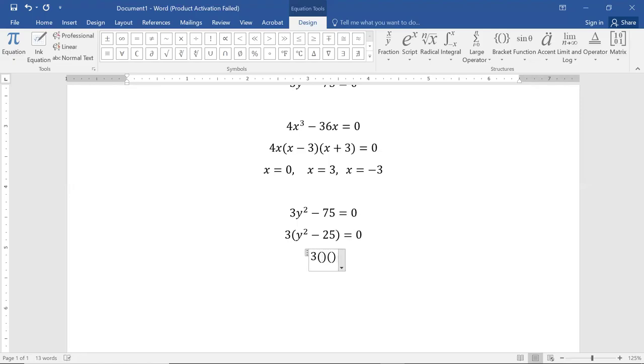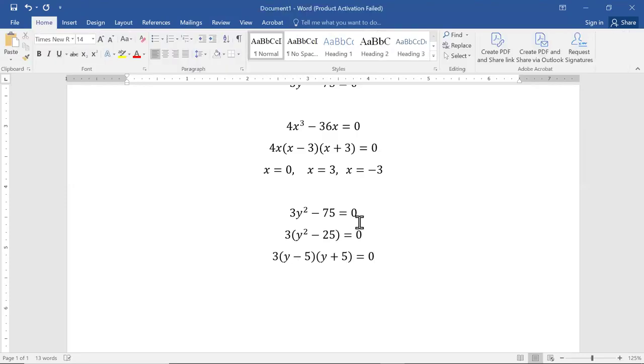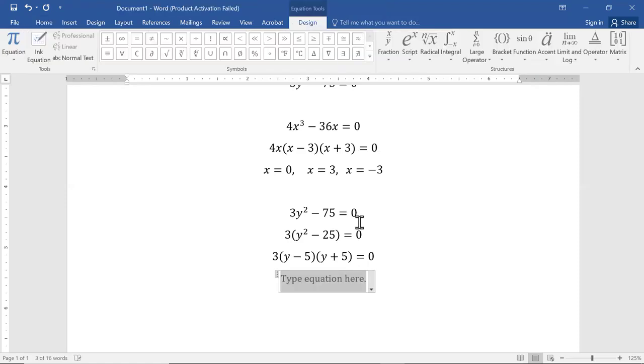Hopefully we know that that's going to be y minus 5 times y plus 5. We're going to set that equal to 0. And so I end up with two y values that would make that second equation 0. Y equals 5 would make that second equation 0, and y equals negative 5 would make the second equation equal to 0.